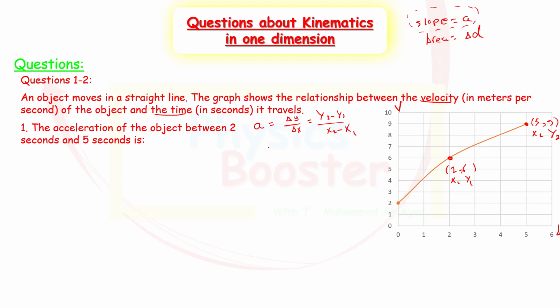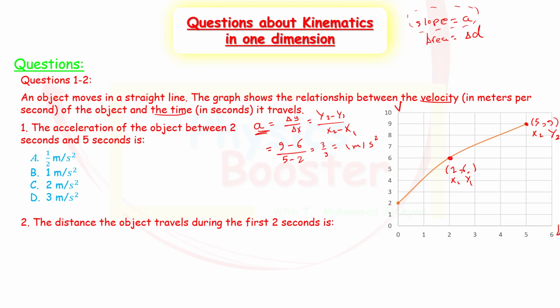Just plug in the numbers. 9 minus 6 divided by 5 minus 2, which is 3 over 3, which is equal to 1 meter per second squared. So the acceleration is 1 meter per second squared. So the answer in this case is B.